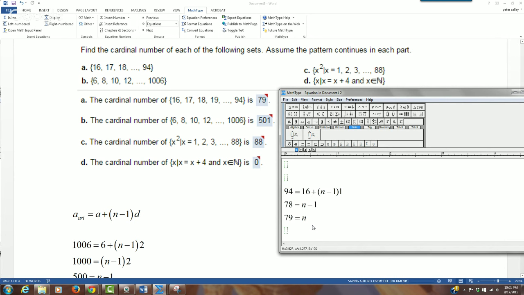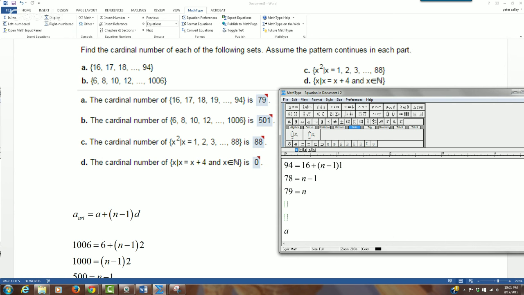And for formulas, besides the arithmetic formula, what other one will be used a lot? The geometric one came up a couple of times.